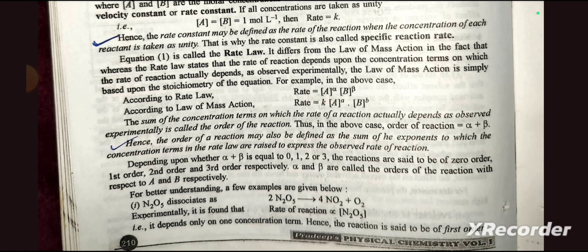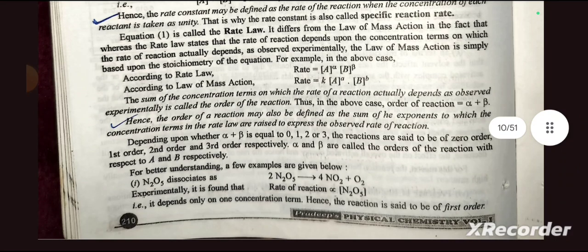Hence, the rate constant may be defined as the rate of reaction when the concentration of each reactant is taken as unity. That is why the rate constant is also called the specific reaction rate. Equation 1 is called the rate law.